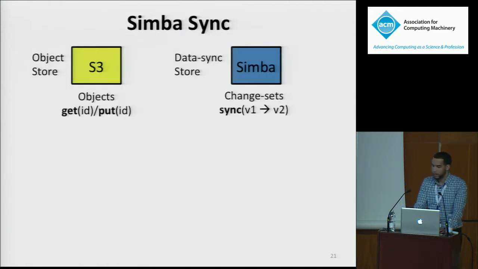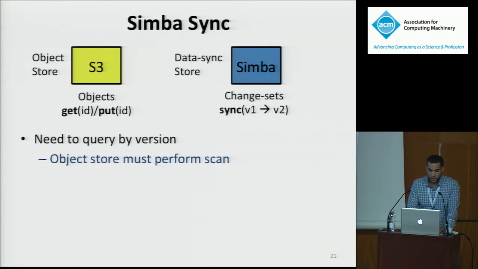So why is Simba different? Here I compare an object store such as Amazon S3, which provides gets and puts on distinct IDs to read and write objects. Simba is a data sync store, and it provides a different interface. Instead, Simba exposes sync operations which return the changes between two distinct versions of an S-table.